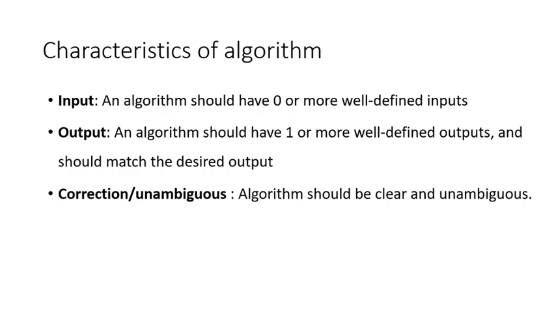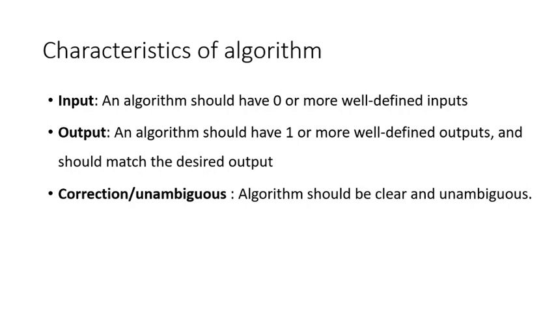Third one is correctness, or unambiguous. It means the algorithm should be clear and unambiguous. Take the example of addition of two numbers. When you write the algorithm for addition of two numbers, you should not go to subtraction or multiplication somewhere in the middle.